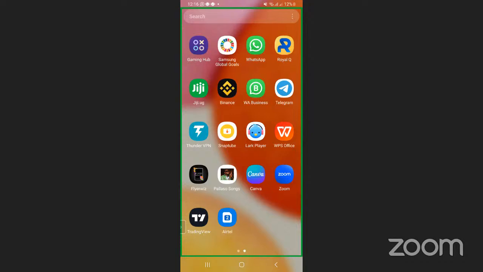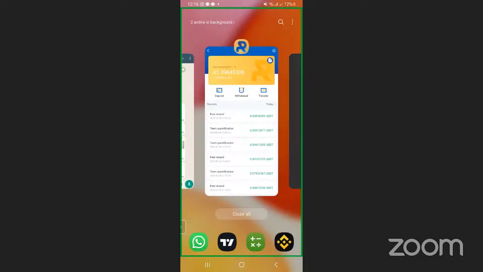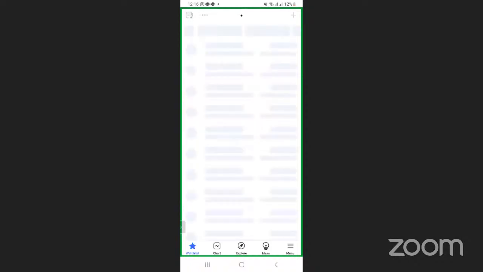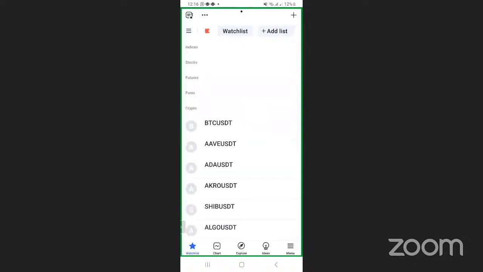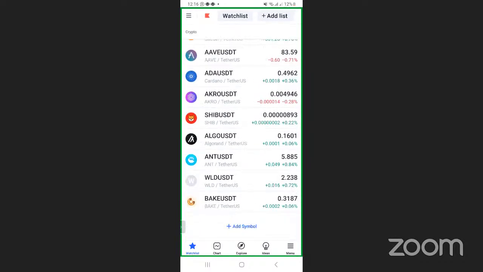As someone who is attending this training, I'm sure you know how to open your TradingView. You have downloaded the app, it's on your phone, and you have worked on your watch list, just like my watch list.